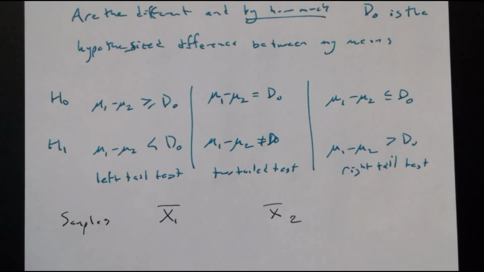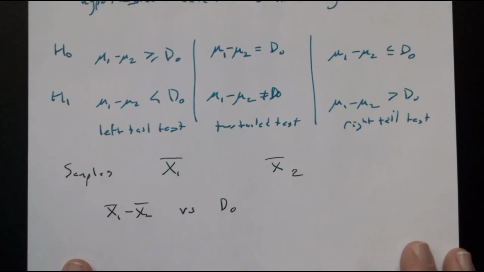What I could do is just subtract them in advance, do x1 minus x2, and then I have a benchmark, don't I? X1 minus x2 versus D0. What I've done is I've taken two samples and rewritten them so that I have basically one sample. The sample now is the differences between pieces.